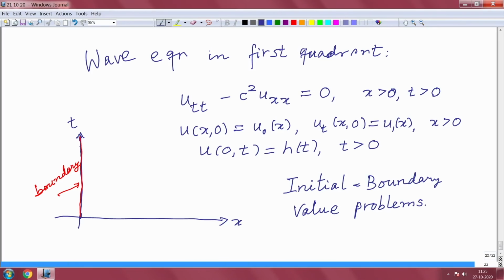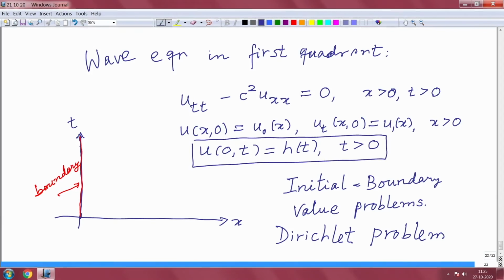Okay. And in this case, since we are prescribing the value of the solution on the boundary, it is referred to as Dirichlet problem. There are other kinds of boundary conditions one can prescribe.